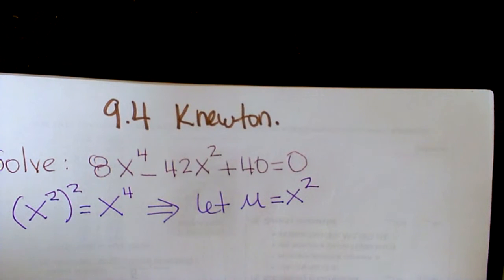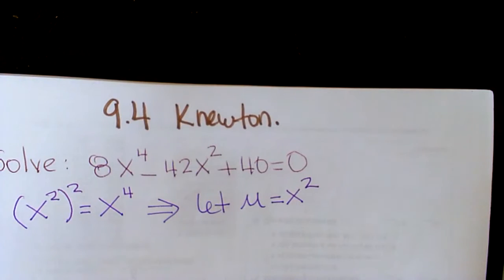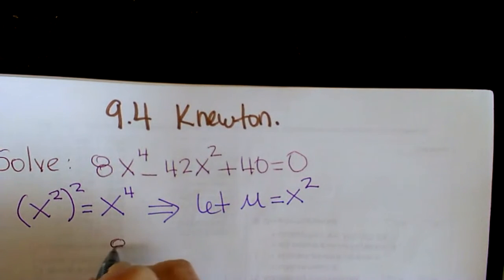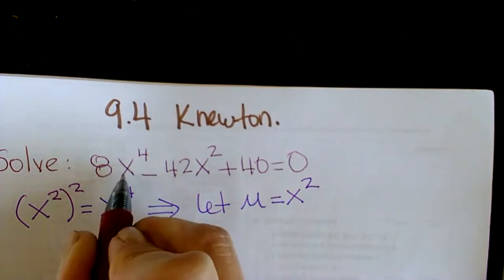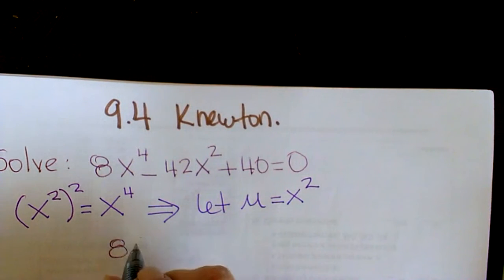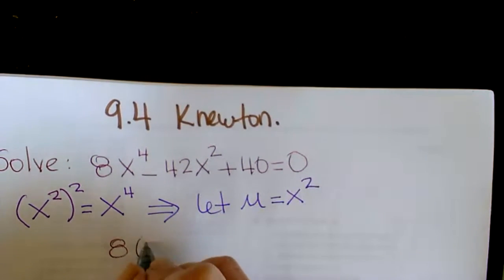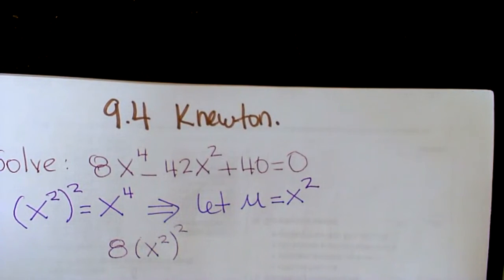Okay, so we're going to rewrite the equation with the substitution. That way we can put it in a quadratic form. So let's do that. So we have the 8, and how are we going to replace that? We know this is x to the second power, right?